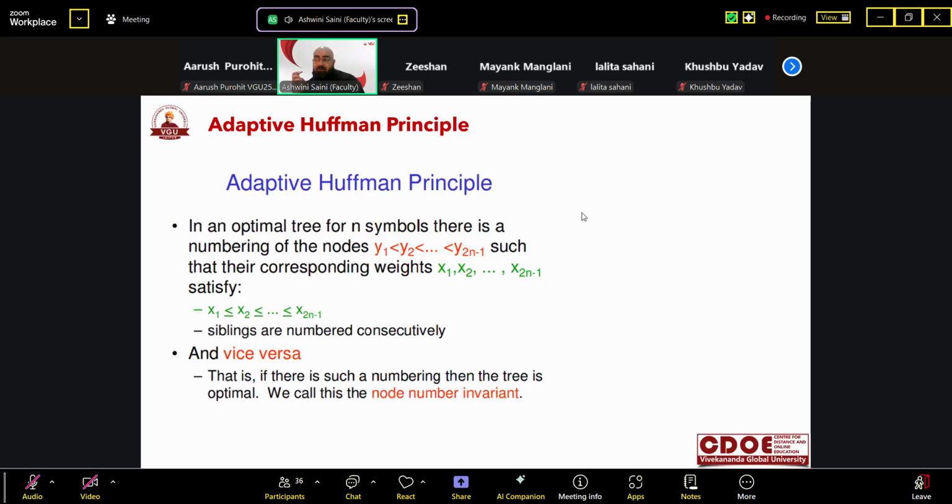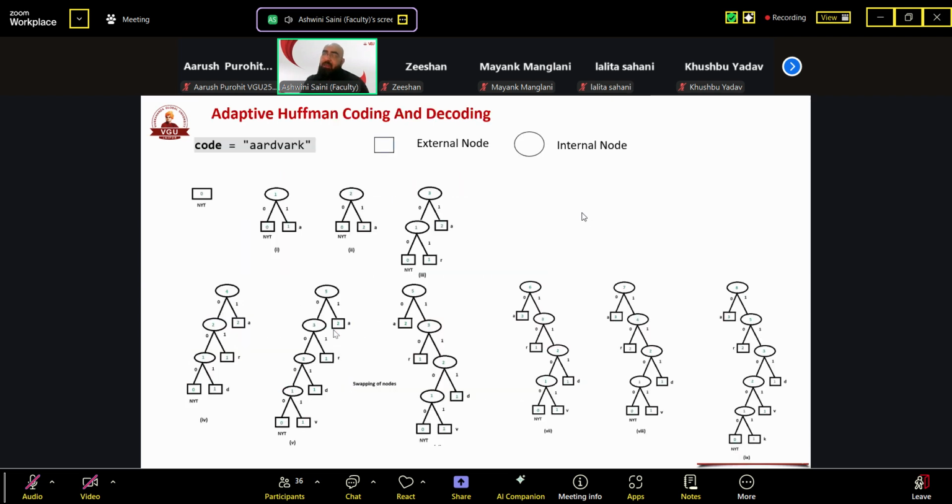We call that node number invariance. So we are taking an example. Here is the example: we have a code that we need to do adaptive Huffman coding for AARDVARK.